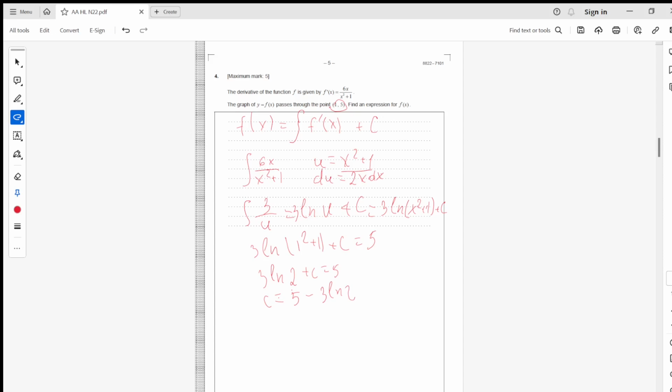So our final function is 3 natural log of x squared plus 1 plus 5 minus 3 natural log of 2.